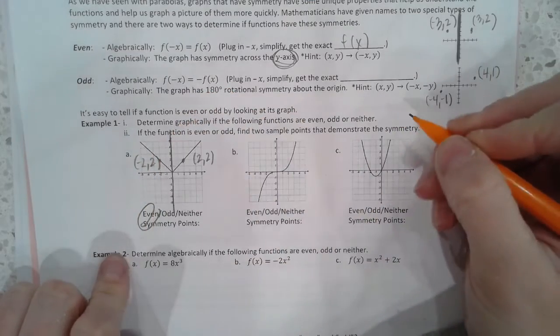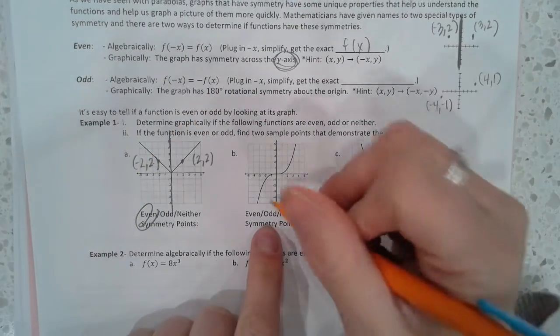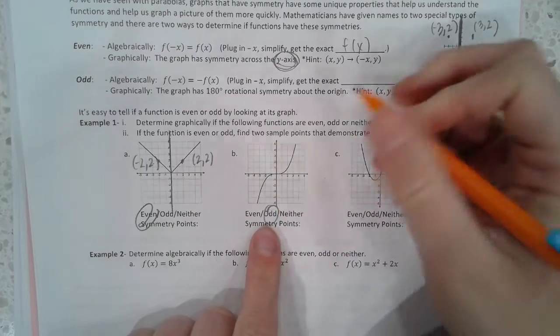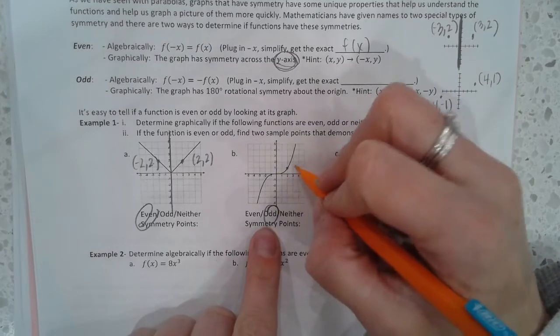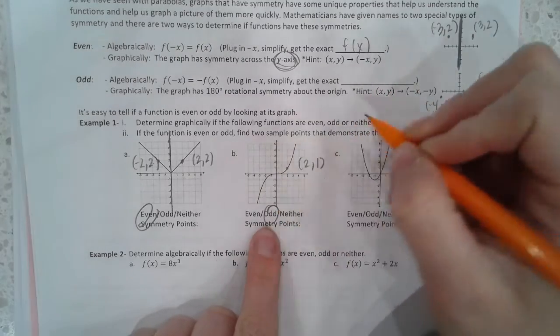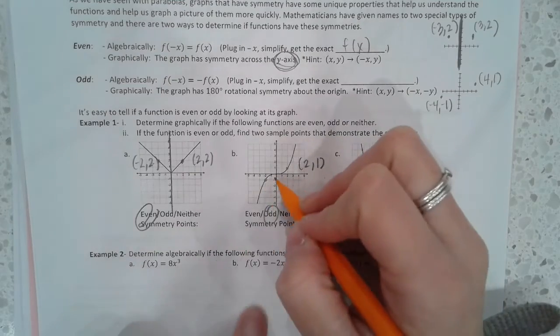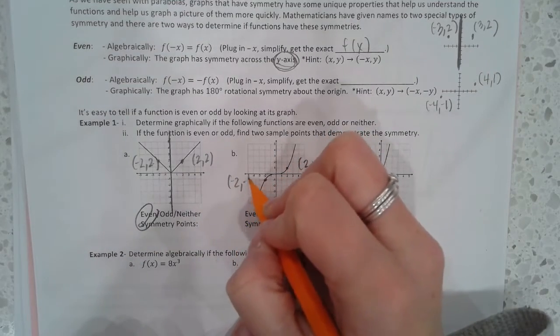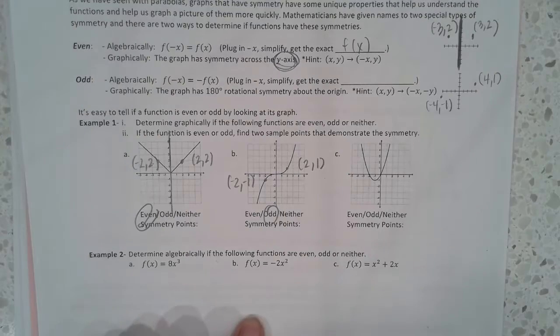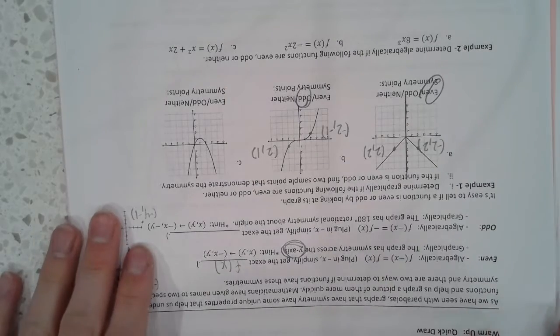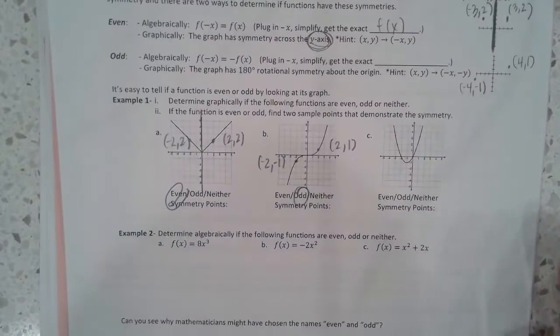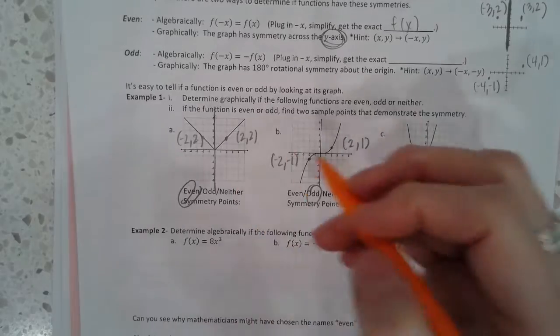This one is an odd function, because if I picked a point like 2, 1, then if I rotated it around, -2, -1 is still on the graph. So if I turn my picture all the way around, I have the original picture that I had before. So that's odd, and it has to be about the origin.